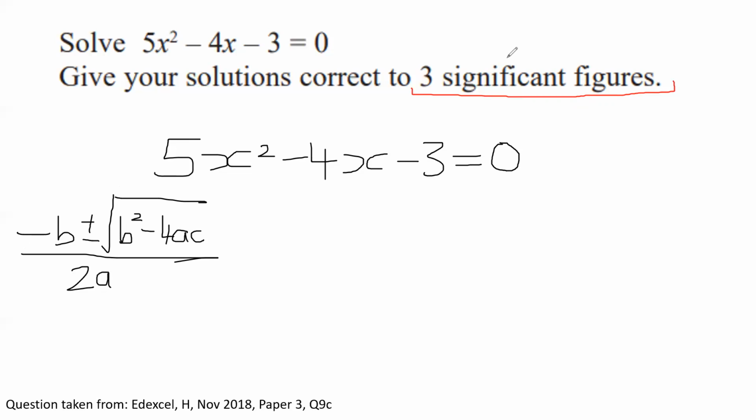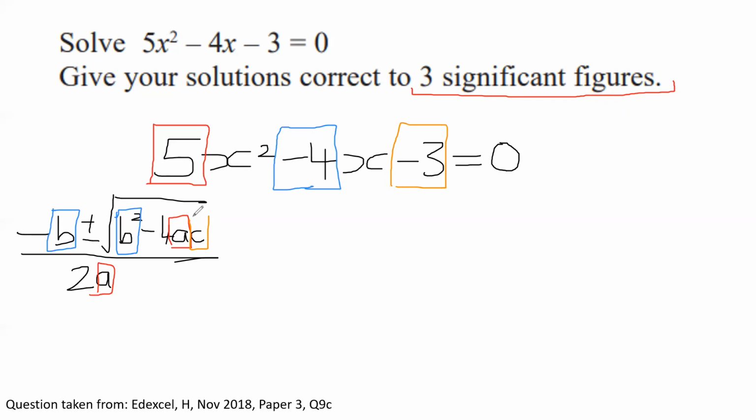So what part's what? A is this number here. B is this number here. And C is this number here. So that is pretty much all you need to know to solve this question.